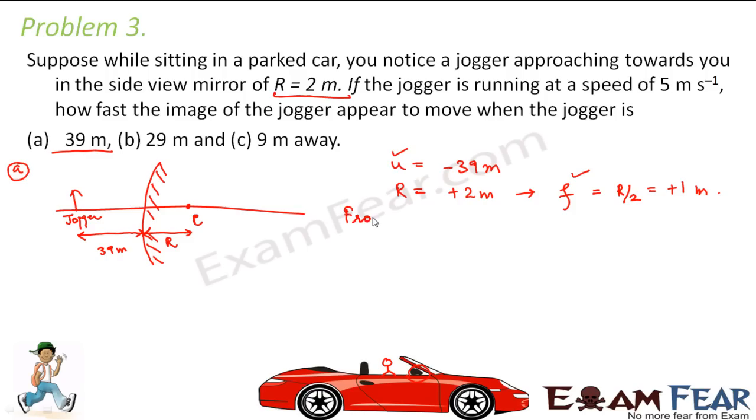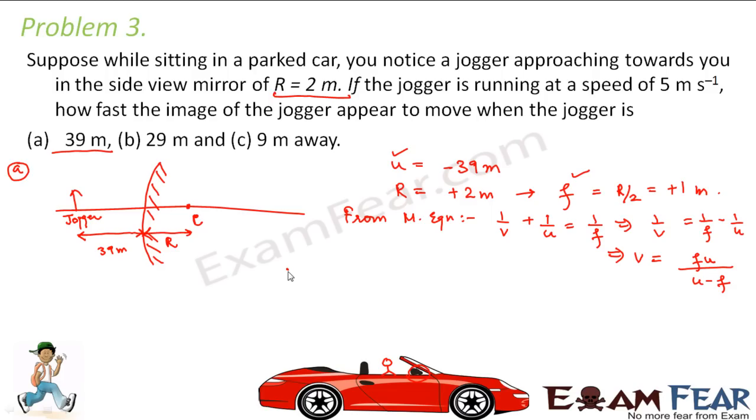From the mirror equation, we know that 1 by v plus 1 by u is equal to 1 by f. So 1 by v is equal to 1 by f minus 1 by u, or we can say v is equal to fu divided by u minus f.